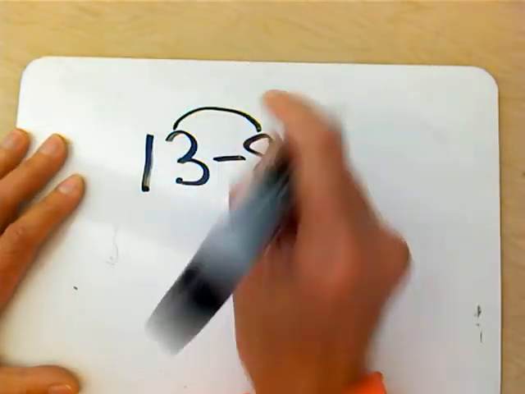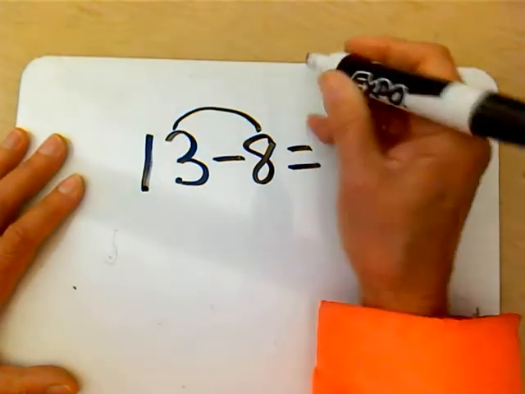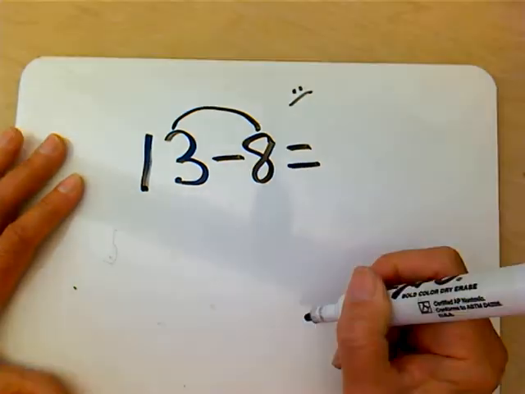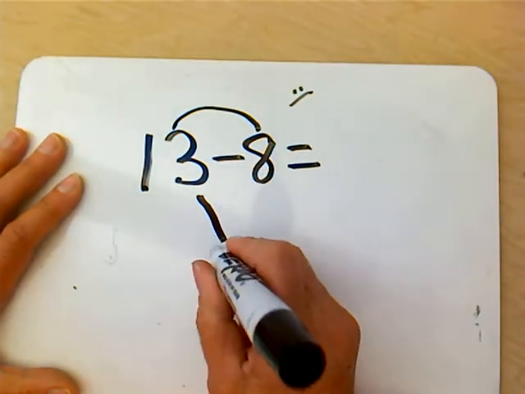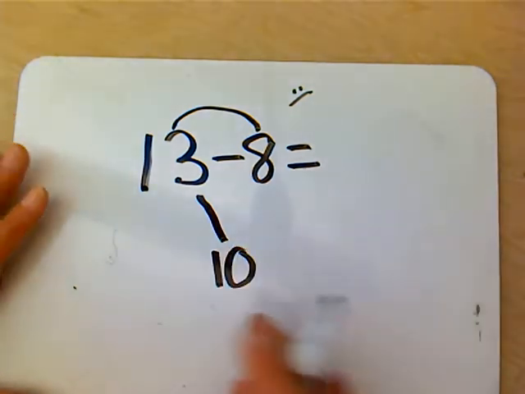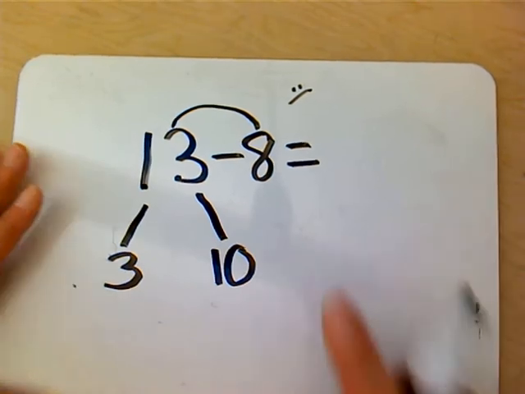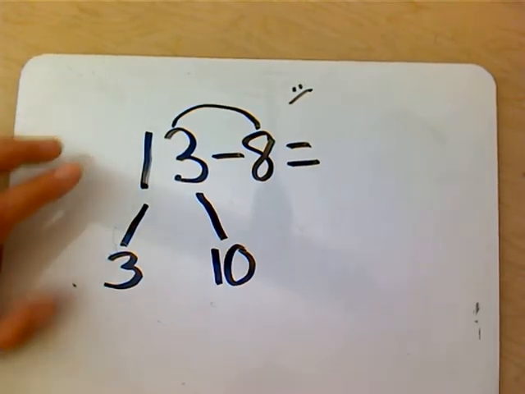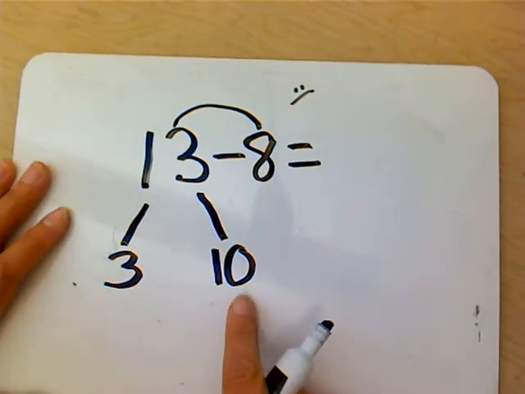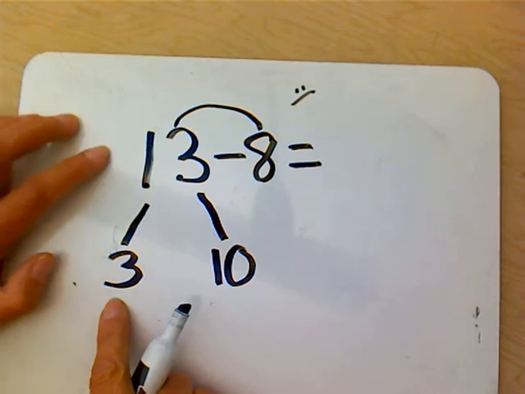Can I take 8 away from 3? Unfortunately, no, I can't. So I'm going to pull a group of 10 out of 13 and finish that number bond with 3. Because if I'm counting back by 10, I have just 3 left. 10 plus 3 is 13.